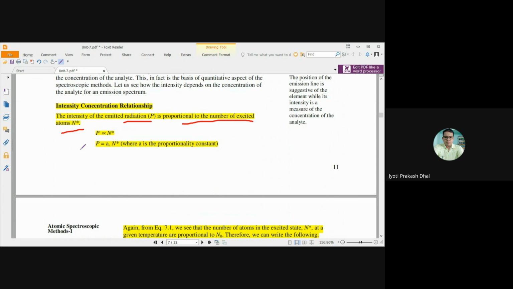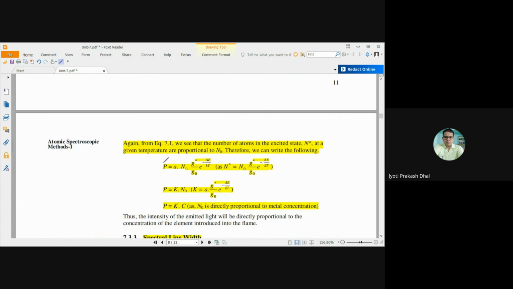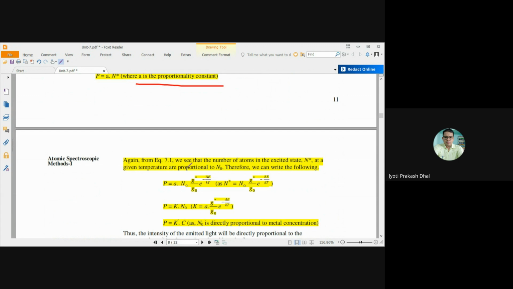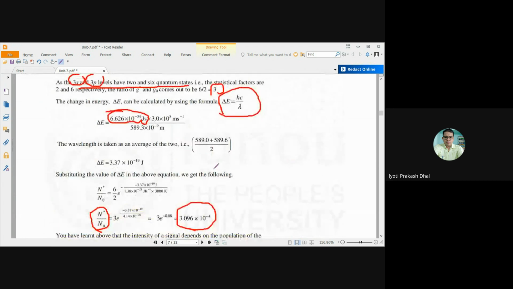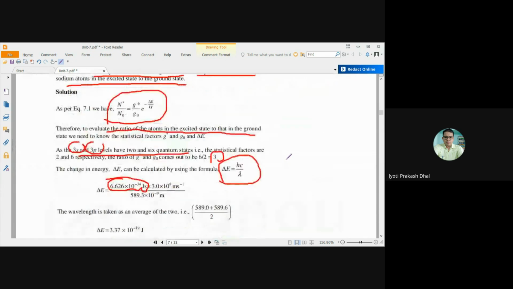That is, P is directly proportional to n star, or we can write P equals some constant A into n star, where A is a proportionality constant. Again, from equation 7.1, we see that the number of atoms in the excited state n star at a given temperature is proportional to n naught, because from this equation, n star is directly proportional to n naught.